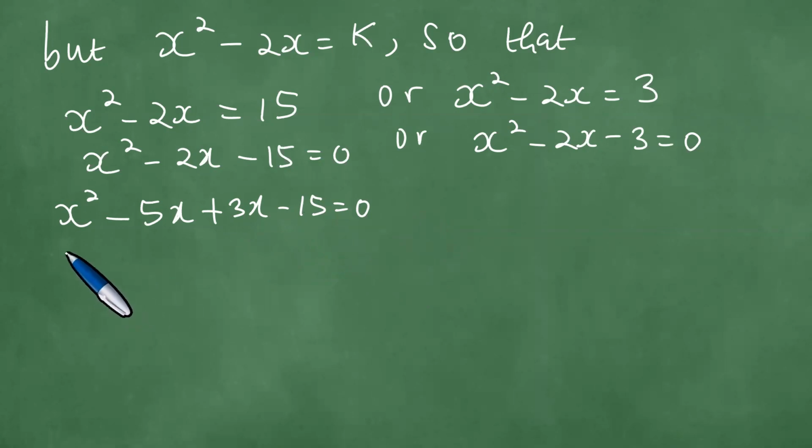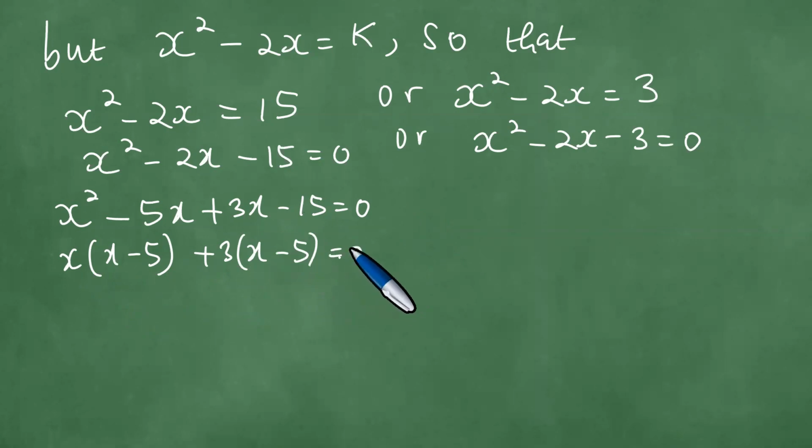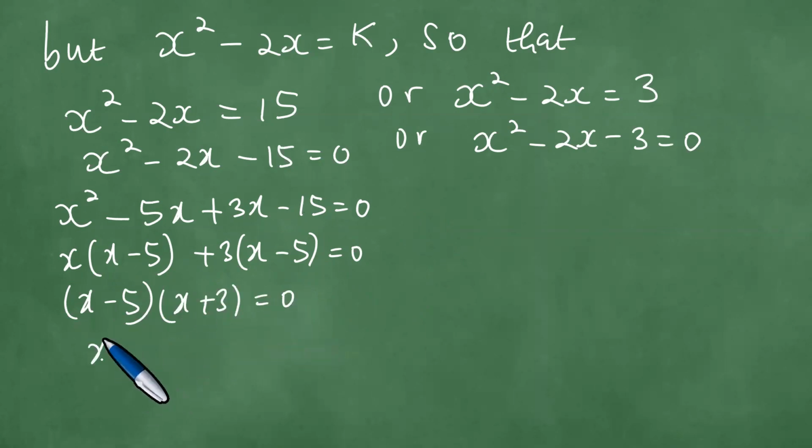Right, and then upon factorization here, we can factor out x, having x minus 5, we factor out 3 here. We have x minus 5 into x plus 3 equals 0, which means x equals 5 or x equals minus 3.